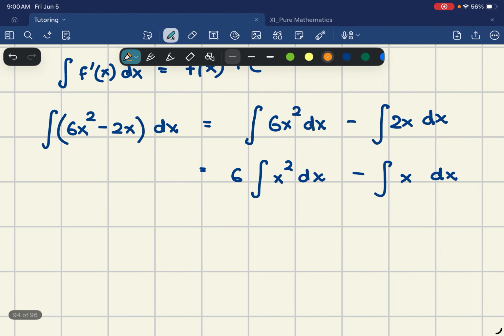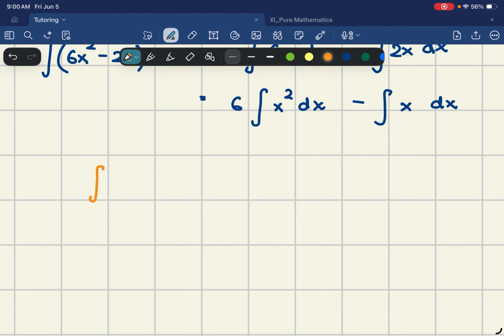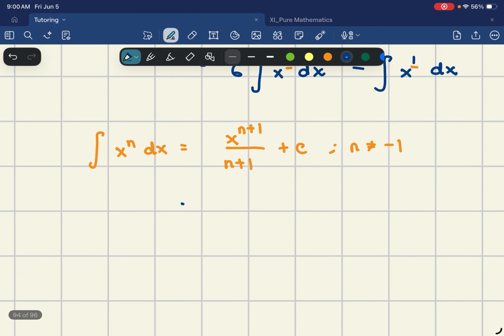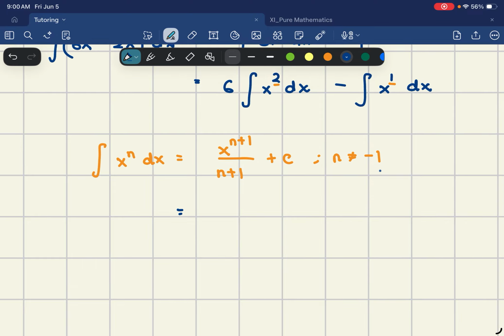Now the golden rule that we discussed was that the integral of x to the power n dx is x to the power n plus 1 divided by n plus 1, plus c, for n not equal to negative 1. So this is the rule that we are going to be using. Here, n is 2. Here, n is 1. So now, using this formula, apply it here.